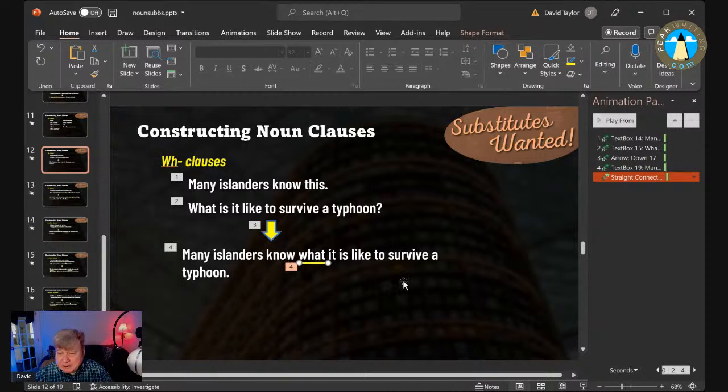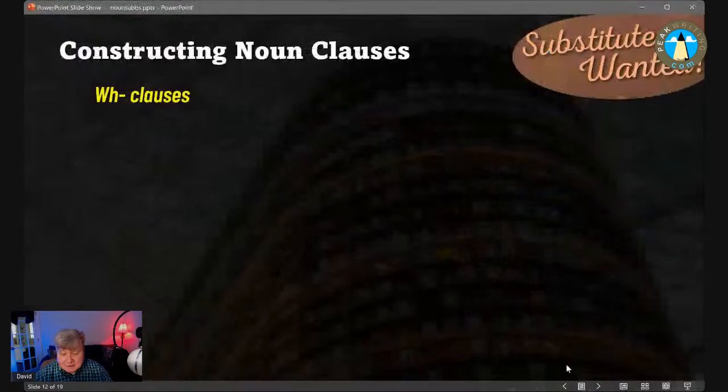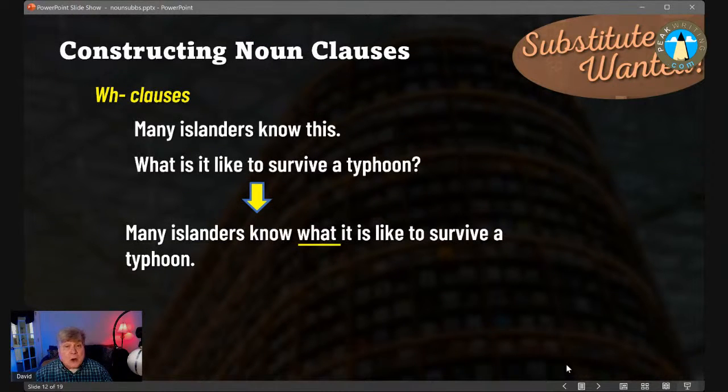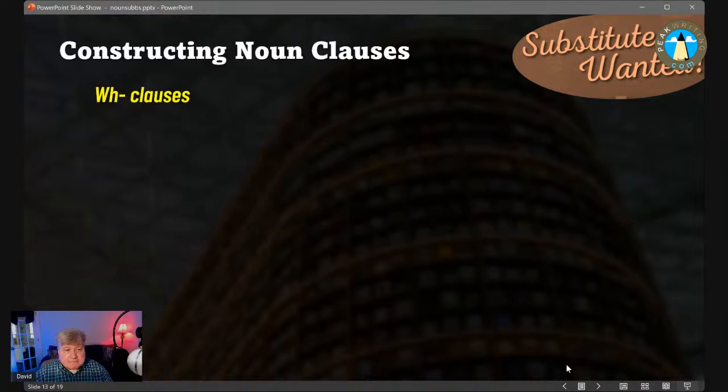Little midstream correction here. I want you to have the correct sentences. Many islanders know what it is like. Many islanders know is the subject and verb, and then the what it is like to survive a typhoon is a WH clause, a dependent clause, that is now substituting as a direct object. A noun substituting as a noun and serving as a direct object.